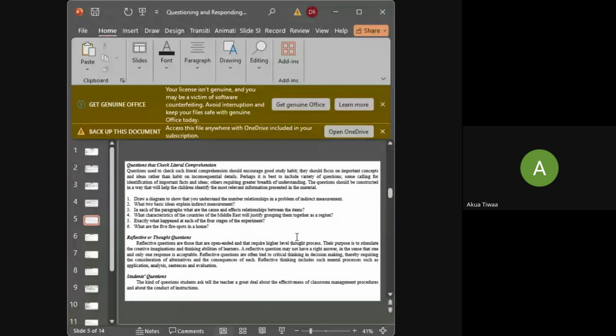Now we have questions that focus on specific purposes. There are questions that will always focus on specific purposes. And we are saying that the teacher must be skillful in selecting appropriate questions in terms of purpose, or the results are likely to be disappointing. Okay.